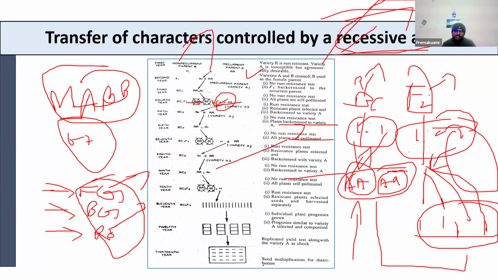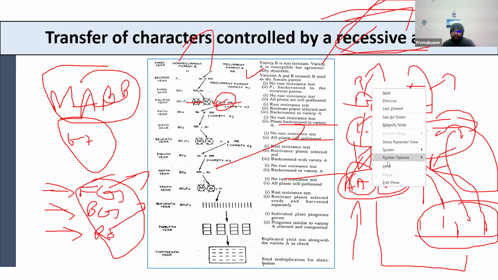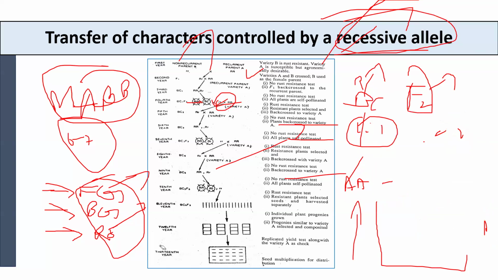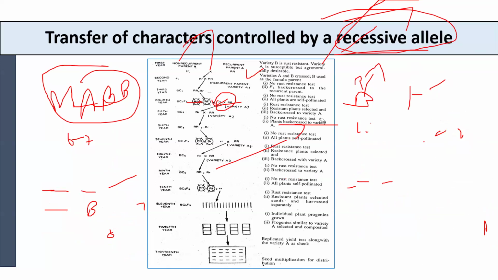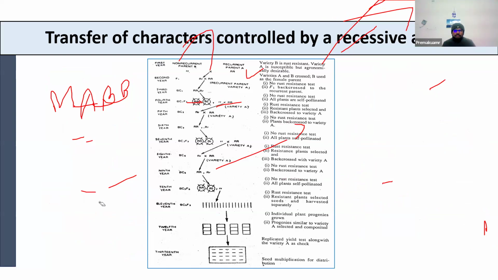That is simple genetics. Understood? Yes, sir. I forgot actually, one table was there, which beautifully explained the difference in genetics you get when you do selfing and when you do backcrossing.